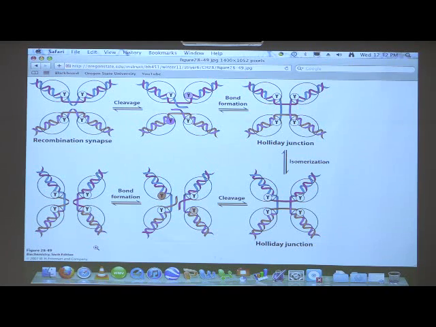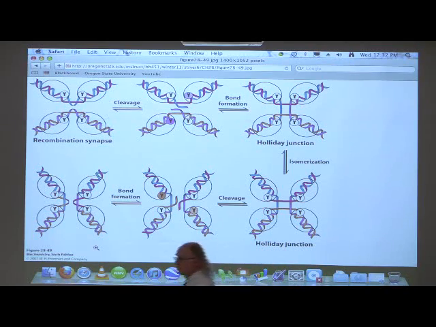Okay? Holliday structures are real things. We can isolate them inside of cells. We can actually isolate molecules in the middle of recombination. And when we look at these things, they have a very nice cross-like structure. Well, obviously the structure has to be resolved. There are some enzymes that are necessary both for the formation of the Holliday structure, which we won't go into, and also in the resolution.